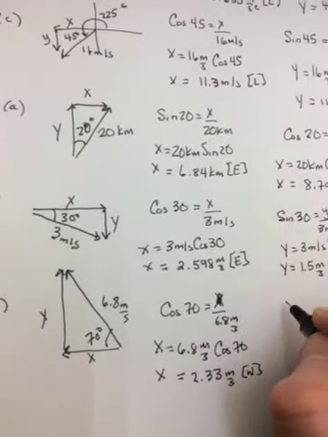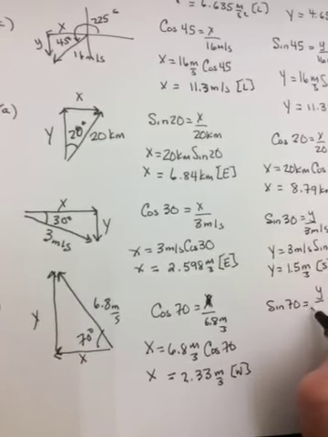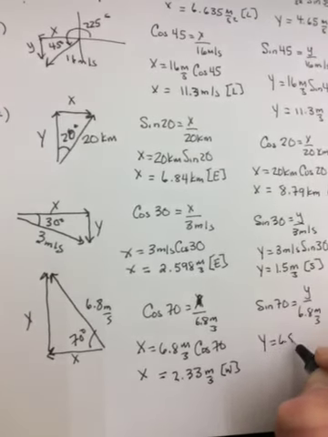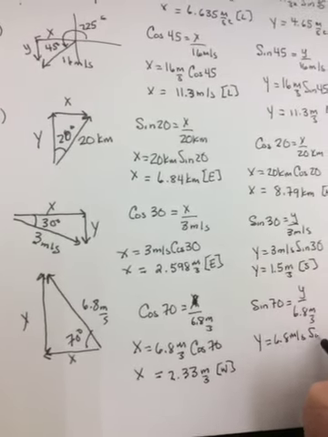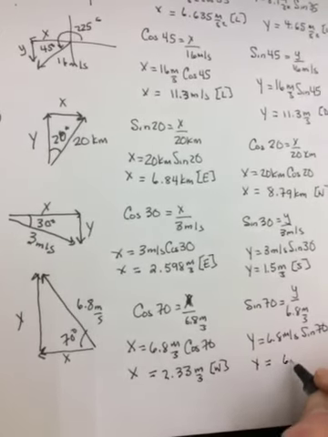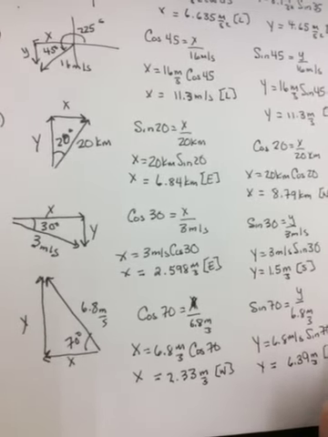Y should be sine, so sine of 70 equals y over 6.8 meters per second, y equals 6.8 meters per second sine of 70. Punch it in, you should get 6.39 meters per second north.